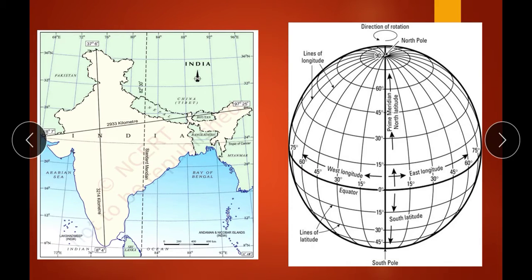Then why is the latitudinal extent larger than the longitudinal extent? Try to understand here. All of you look, these are longitudes, and as we are moving towards the pole, the distance between the longitudes is continuously decreasing.